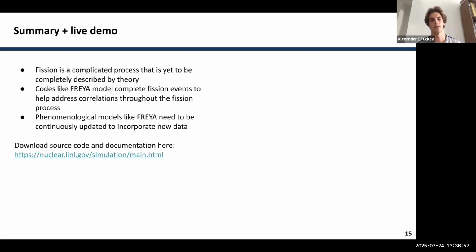And so because of that, we have to continuously update these models in order to incorporate new data. And that's what I was trying to explain with the Freya parameter optimization. As we get more or better data, we need to adjust the model parameters accordingly.